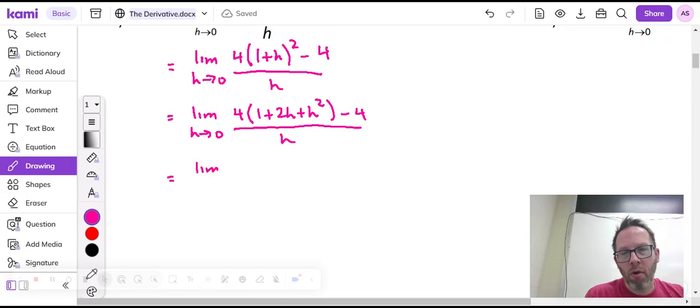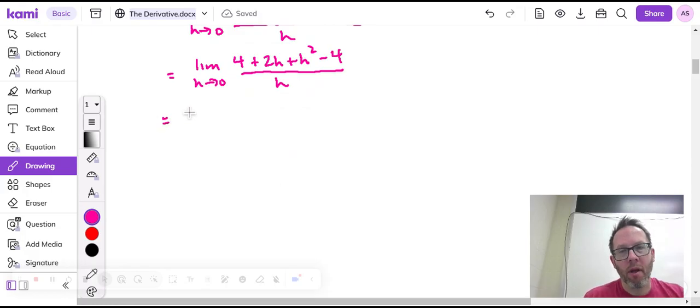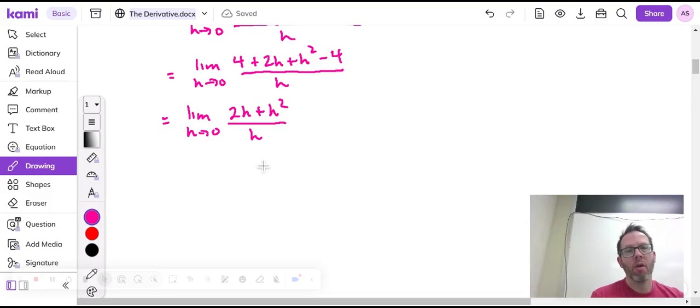All right, so I've done this problem like 25 times, but even if I hadn't, I can look ahead and see I'm getting 4, and I'll be subtracting 4, which is good because I want the constant terms to go away. And we get the limit as h approaches 0 of 2h plus h squared over h, or h squared plus 2h. I'm not your dad.